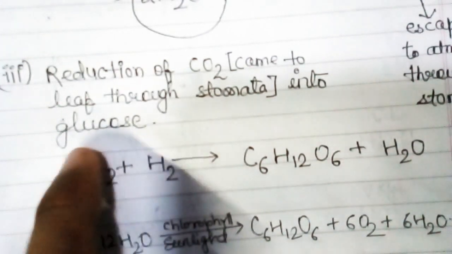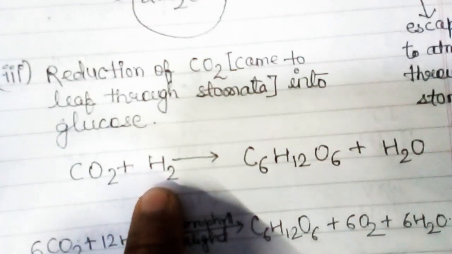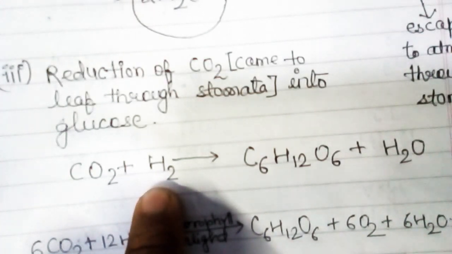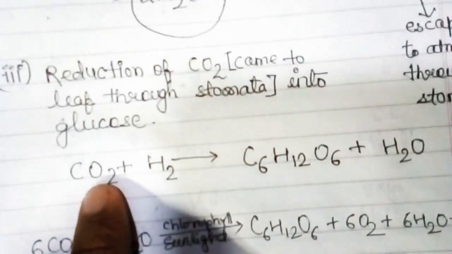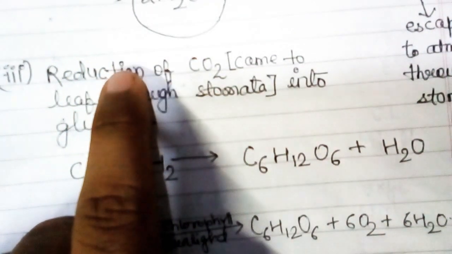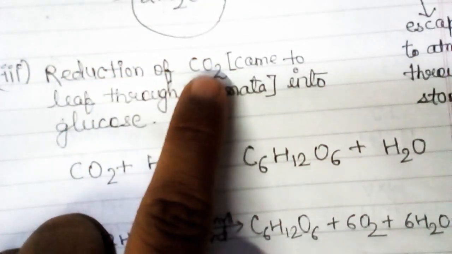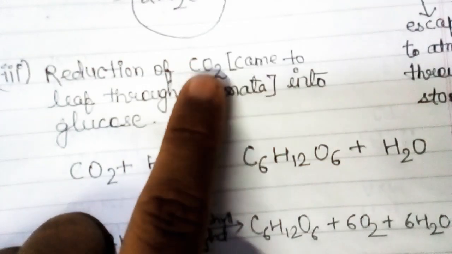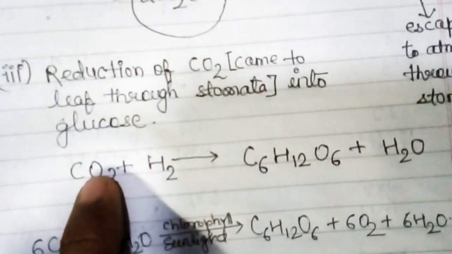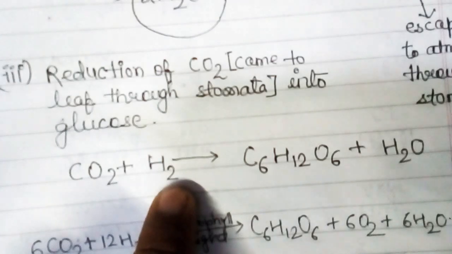There are more definitions of reduction, but for our use we only have to know this definition, that if hydrogen is added to carbon dioxide, then this is reduction. Here hydrogen is being added to carbon dioxide.